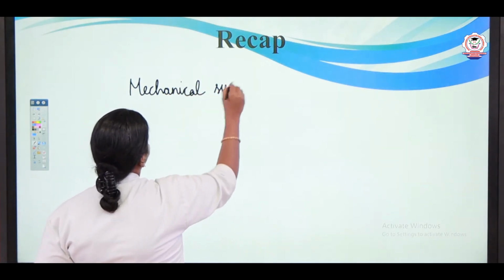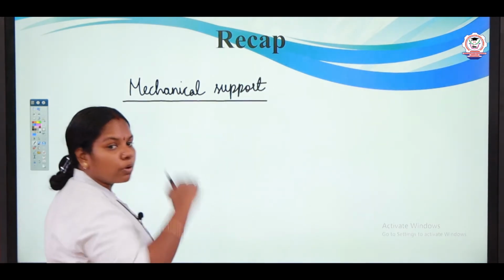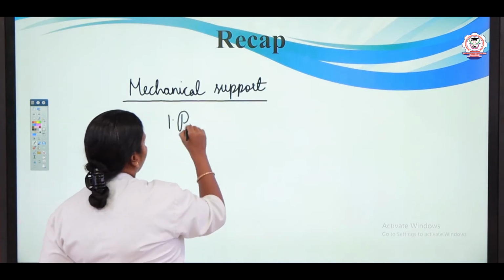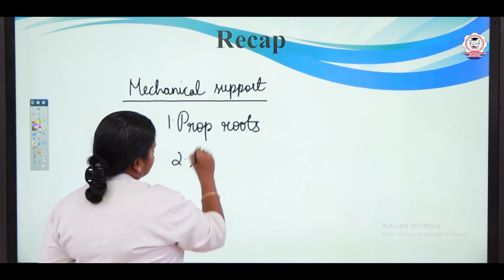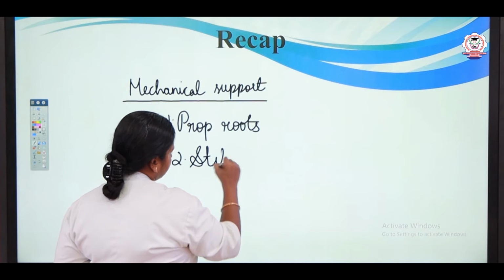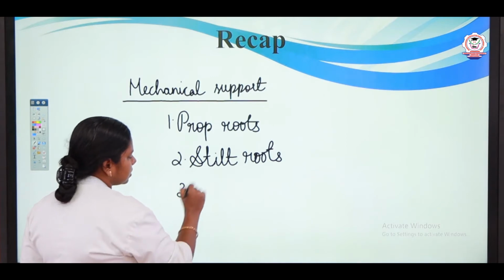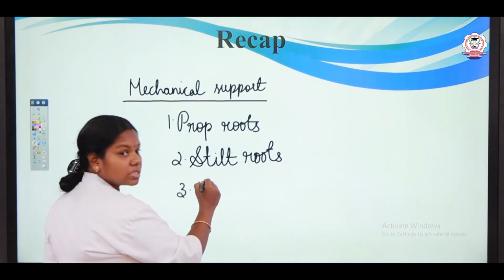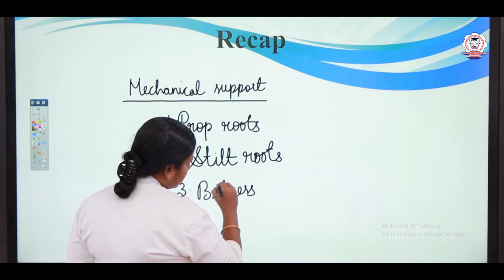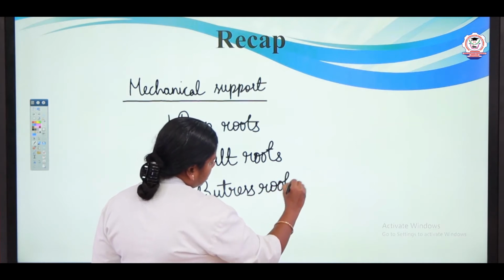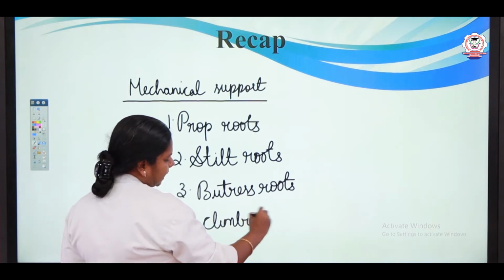In mechanical support, we discussed 4 types of roots: prop roots, stilt roots, and then buttress roots, and climbing roots or clinging roots.